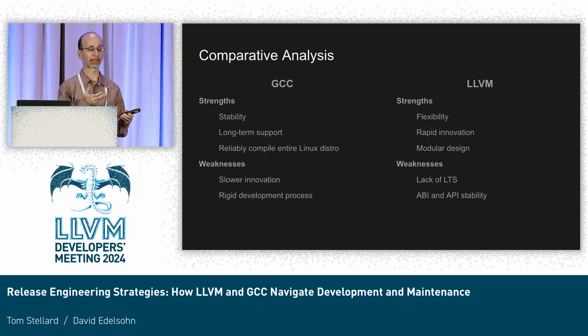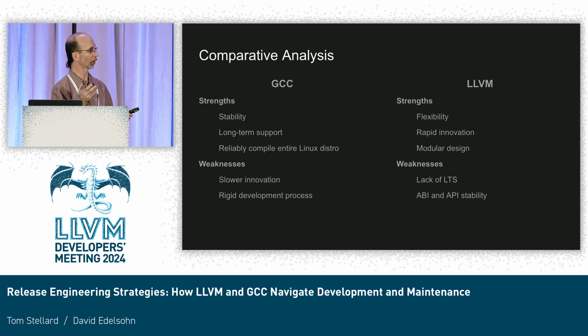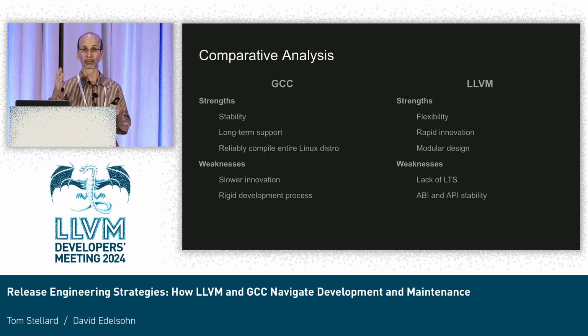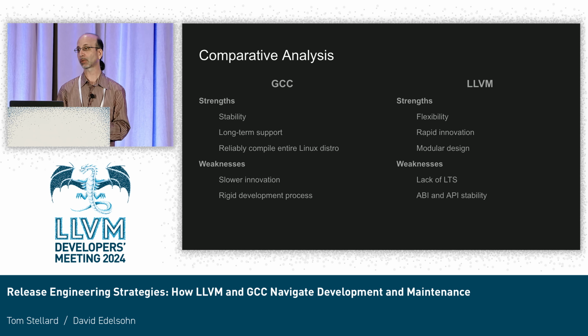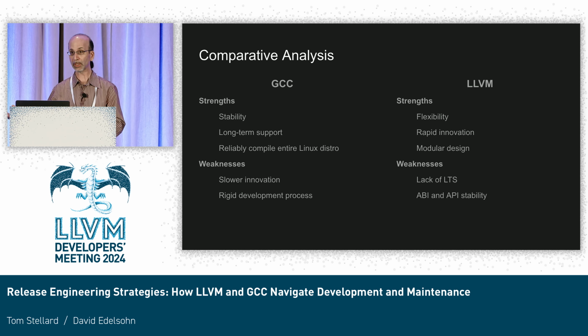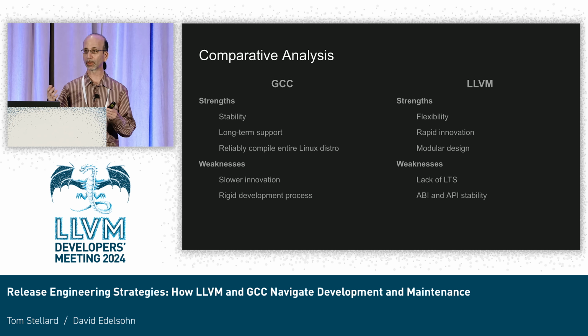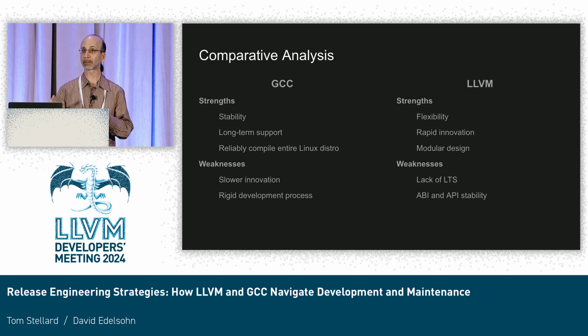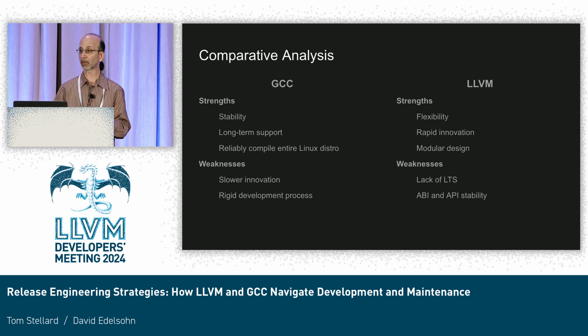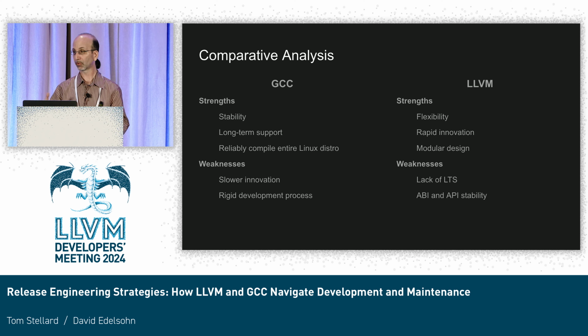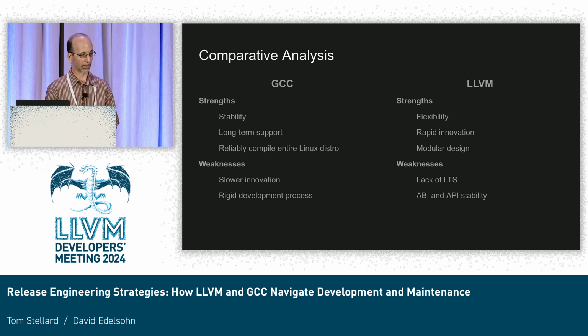I think RHEL 7 was still on the GCC 4.8 release, which was a decade ago. So there are long periods of time, not that there are a lot of changes, but it is officially supported by those distros and provides that very stable ABI. That's the base system ABI for all of the applications to use.